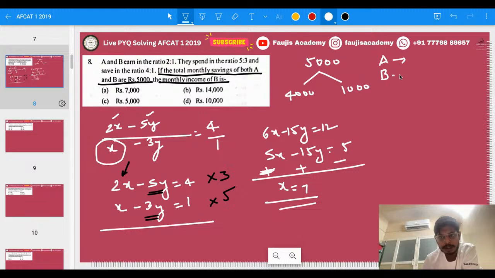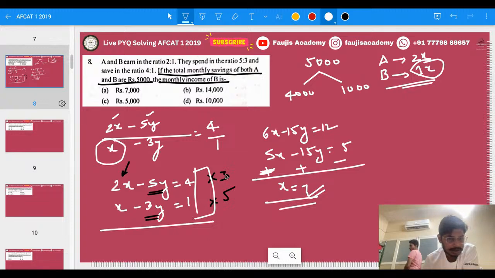The earning is in the ratio of 2 is to 1, so the earning of A is 2x and the earning of B is 1x, so simply x. Over here, did we leave the 3 zeros? We can simply add another 3 zeros. Yes, absolutely. So the answer to this question will be A, right?